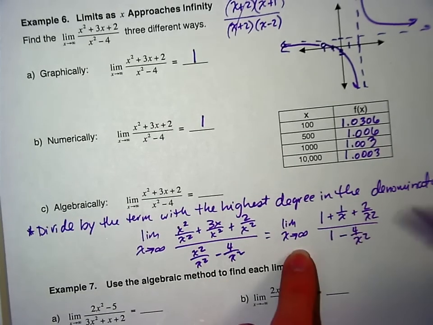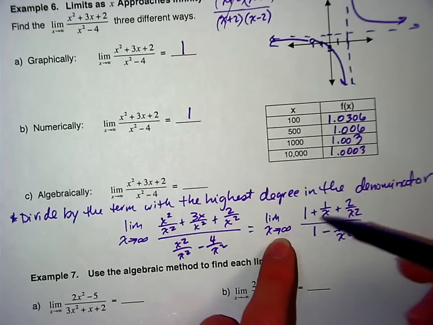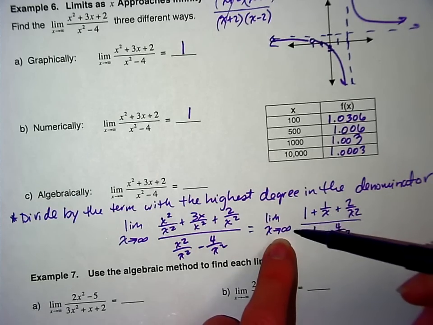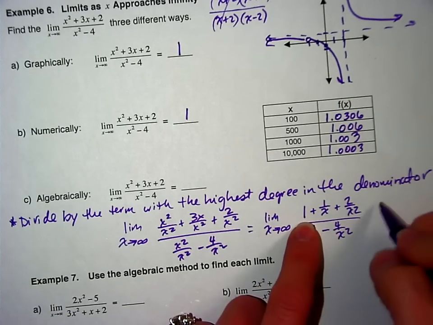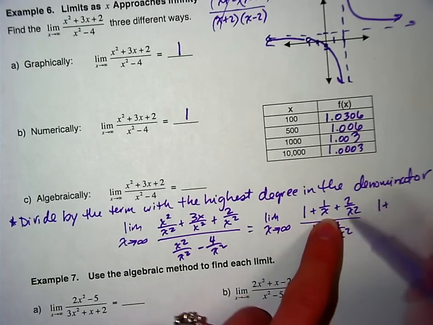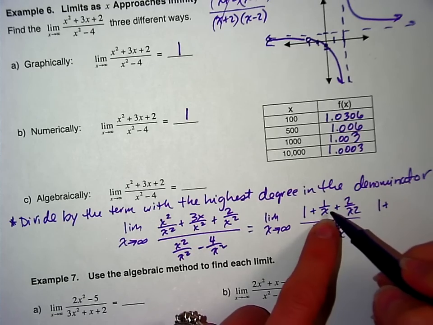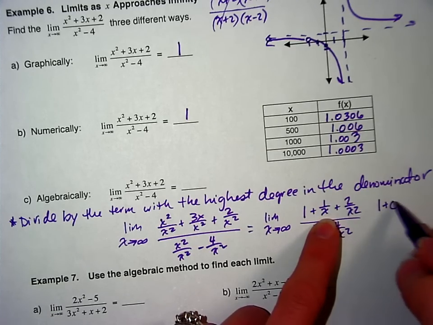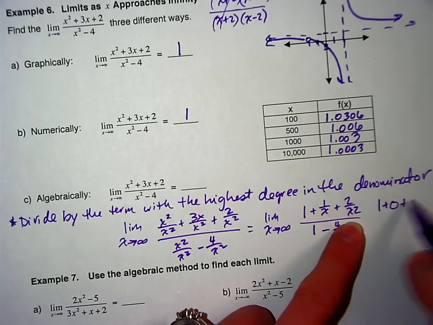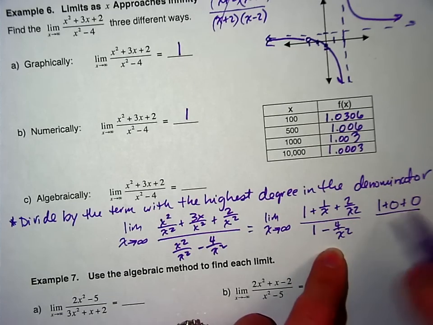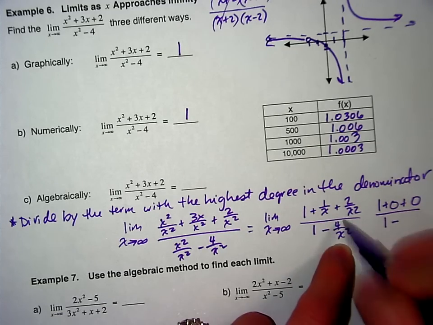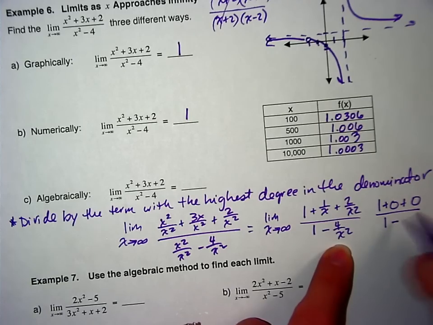And as we evaluate and take a look at what happens as x gets infinitely large, well, nothing happens to this 1, but when x gets really, really large here, remember, any number divided by a really large number is going to be approaching 0. Same thing, going to be approaching 0. And then on the bottom we have 1 minus, and as we have 4 divided by that, it is also approaching 0.